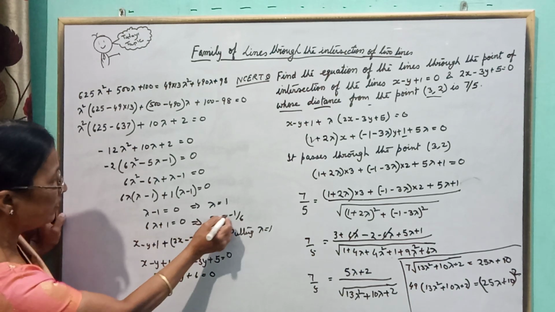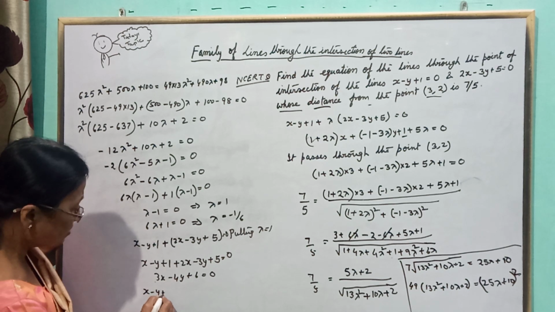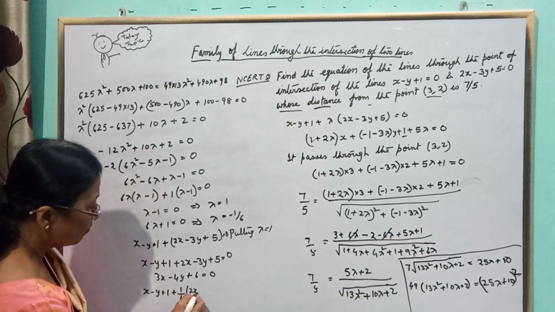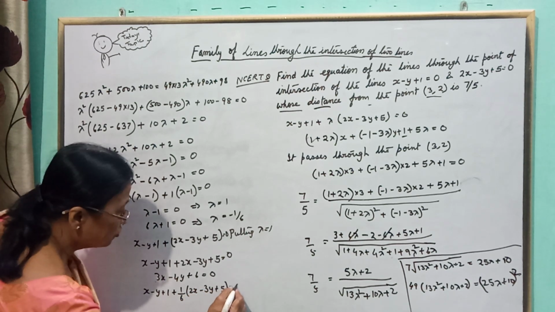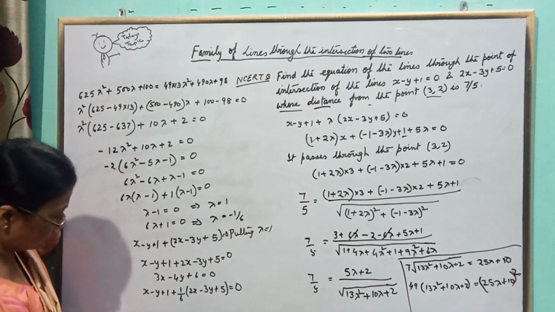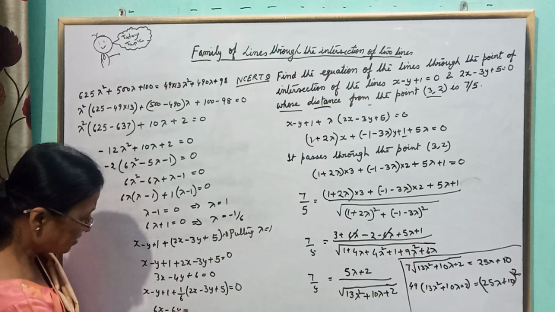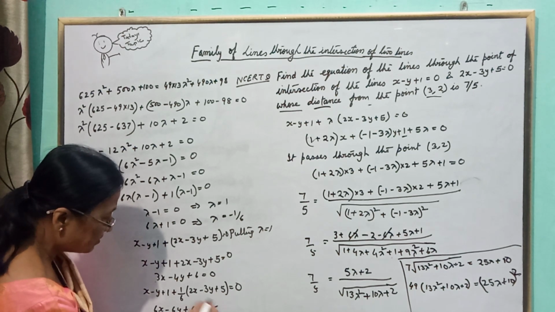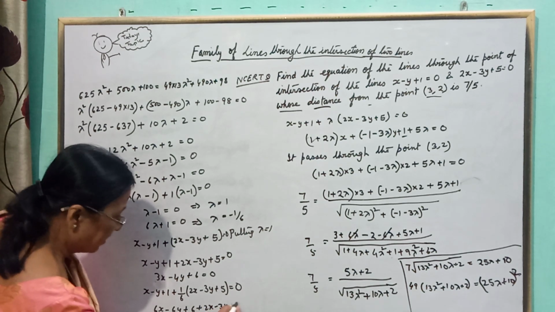Another equation will be with lambda minus 1 by 6: x minus y plus 1 minus 1 by 6 times (2x minus 3y plus 5) is equal to 0. Now you can calculate. This is (6x minus 6y plus 6 minus 2x plus 3y minus 5) by 6.